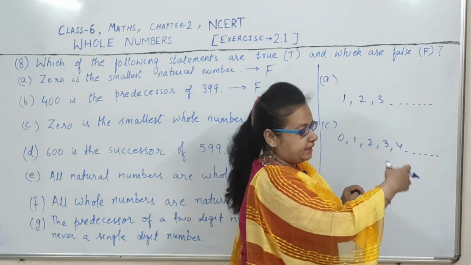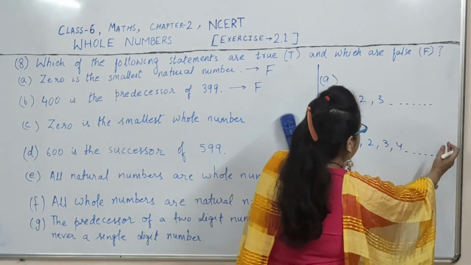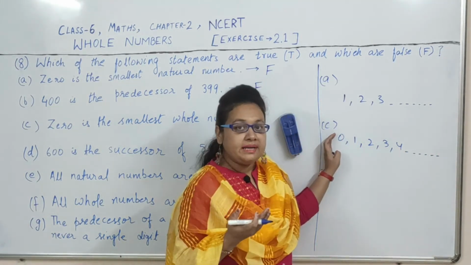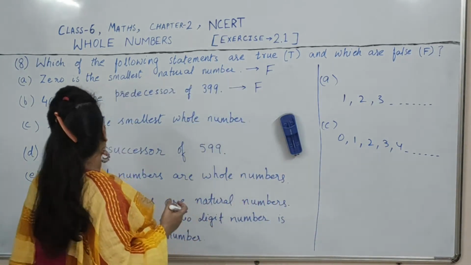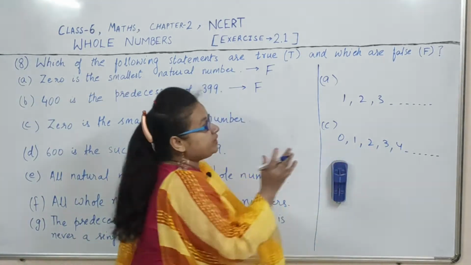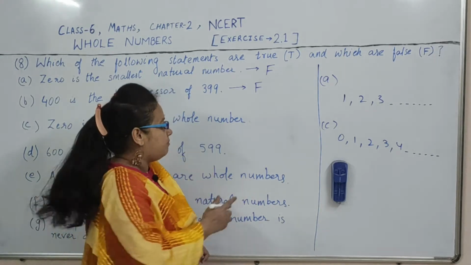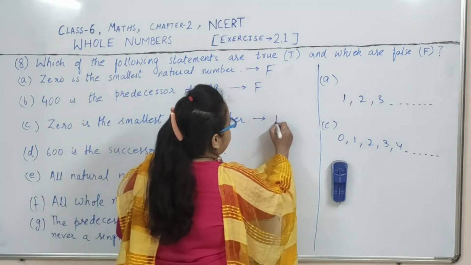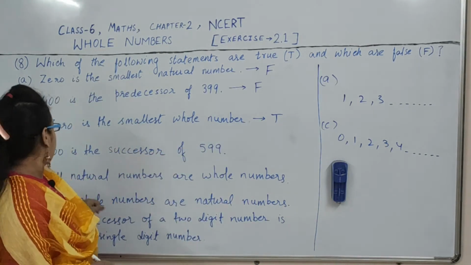If we go on writing the numbers one after the other, we will get a set of numbers which is known as whole numbers. What is written? 0 is the smallest whole number. Is it true or false? It is a true statement, because it is a correct statement. So we will mark it with T.